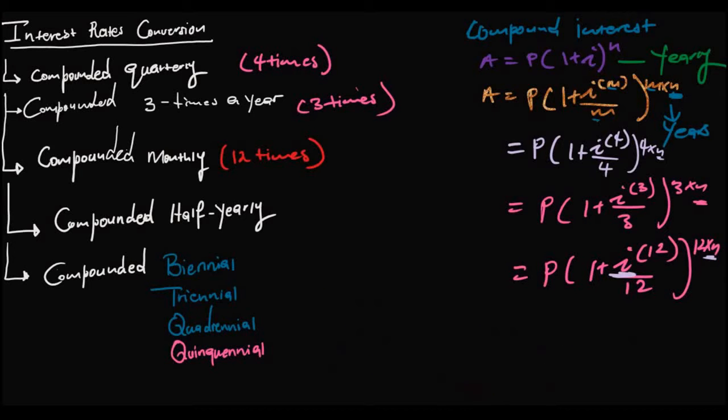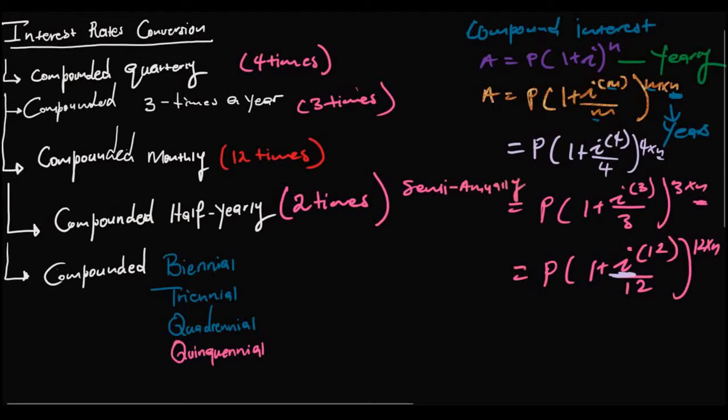So now we're going to move on to half yearly. For half yearly, we know that this is 2 times a year, and you can say half yearly or you can say semi-annually. Semi-annually is just the same as half yearly.